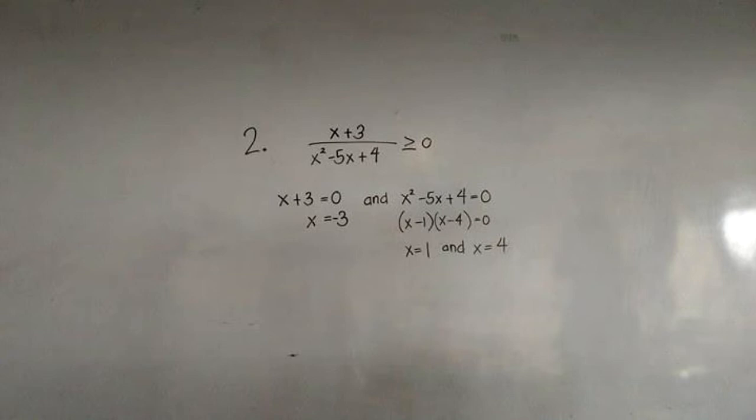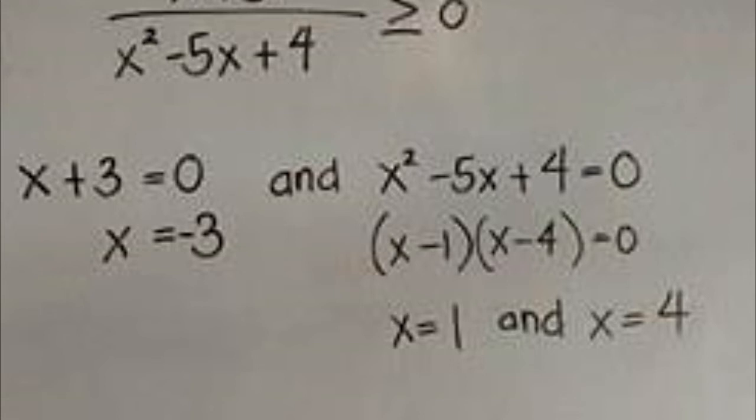In this case, you can choose x is equal to negative 4, which results in negative 0.025, x is equal to 0, which results in positive 0.75, x is equal to 2, which results in negative 2.5, and x is equal to 4, which results in positive 2. Use the sign analysis chart to determine which section satisfy the inequality.